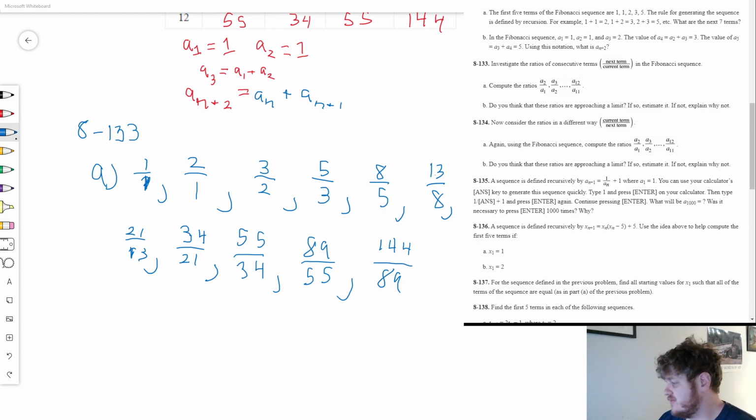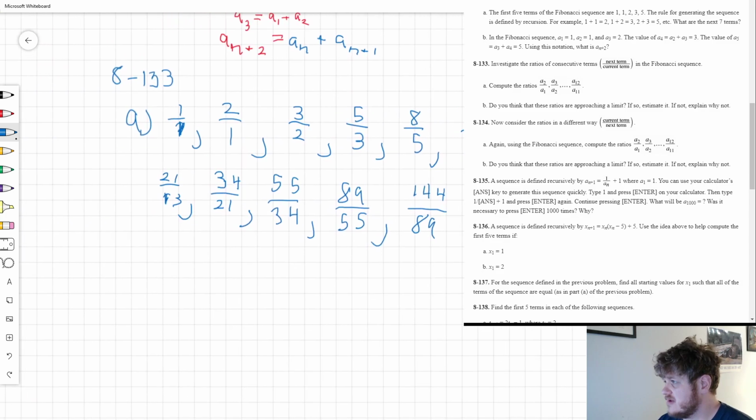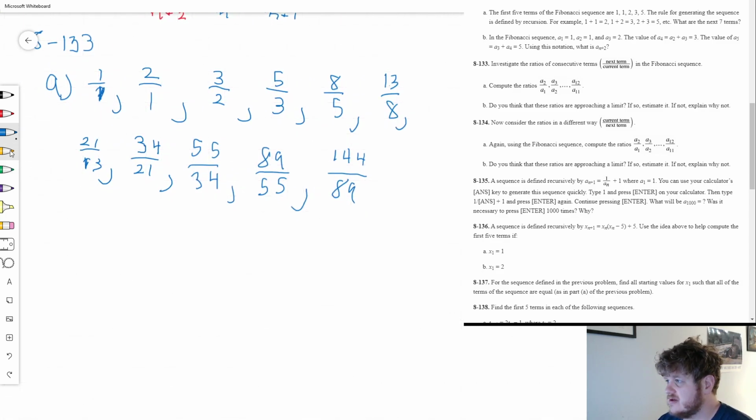If we label each of these sections as a certain term, we'll call this A sub 1, A sub 2, A sub 3, A sub 4, and so on and so forth.